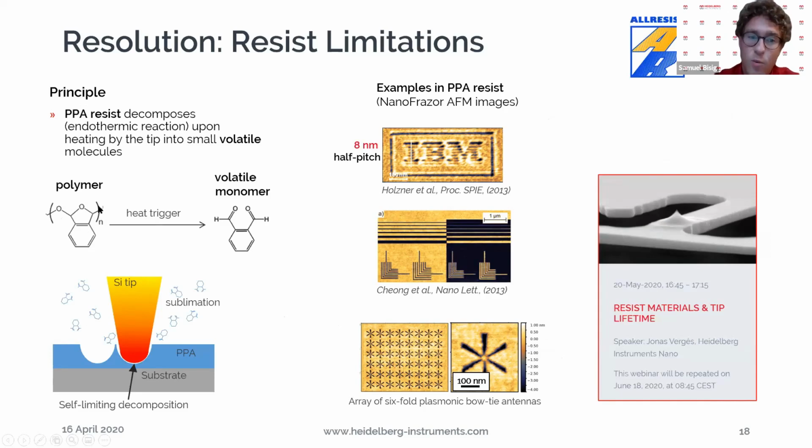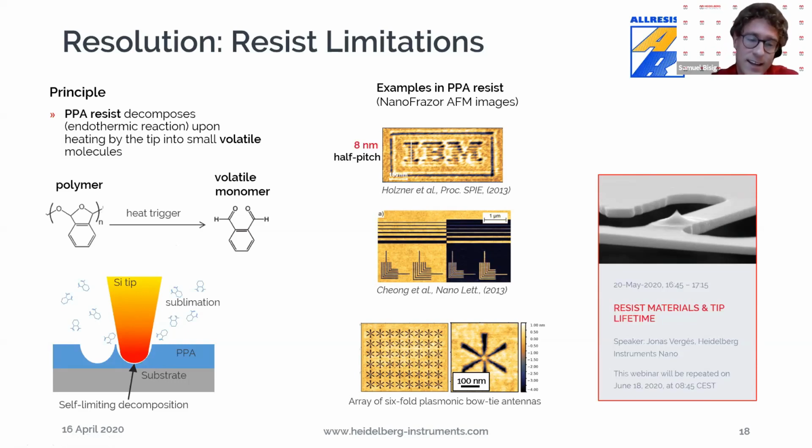Which means once you break a certain bond here, all the molecules one after the other just unzip by themselves. So it's an amplified reaction. And that's very cool. Also, because this decomposition process is endothermic, it consumes the heat itself, which means it's very self-limiting in size.